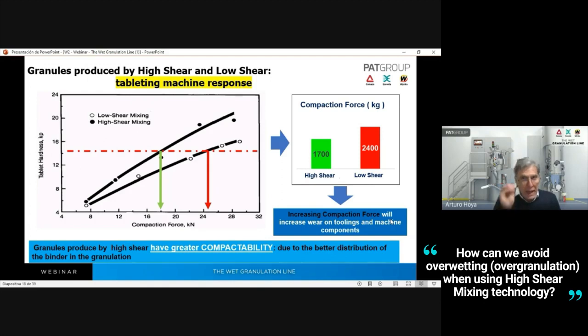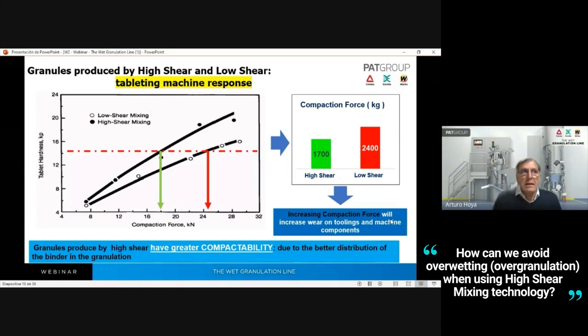Pay attention here, because the speed of impellers normally is high, and if you use high speed, it's probable that you overgranulate the process, the granules. And the other control is not to exceed in the time of granulation.